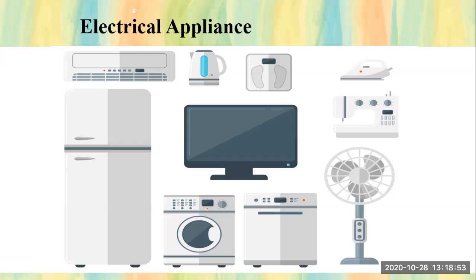And all of this works on electric current. Nowadays, without electric current, we can't imagine surviving, right? Without electric current, numbers of appliances will not work. If one day electricity is not there, we know what the condition of our day-to-day life will be.